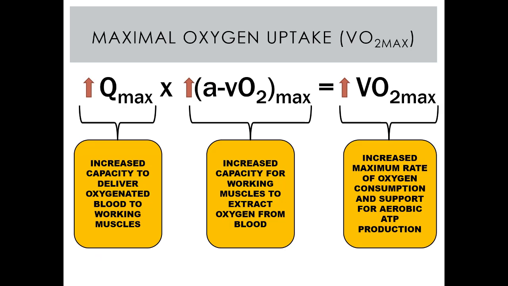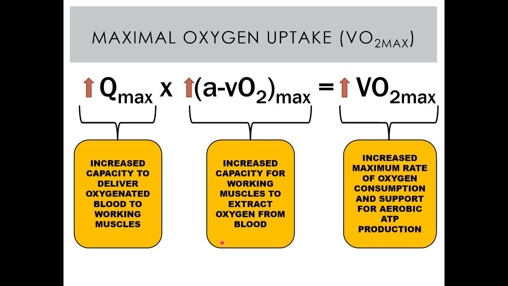So let's put all this information into a practical context. What does this increase in cardiac output max mean? It means that there is an increased capacity to deliver oxygenated blood to working muscles. And what does an increase in maximum AVO2 difference represent? It represents an increased capacity for working muscles to extract oxygen from arterial blood.